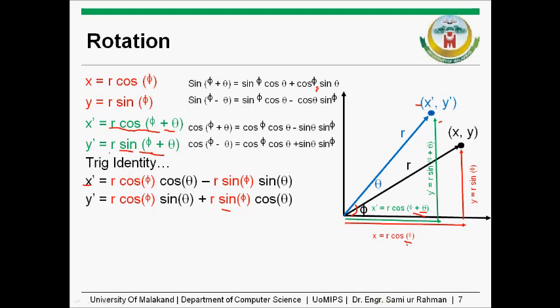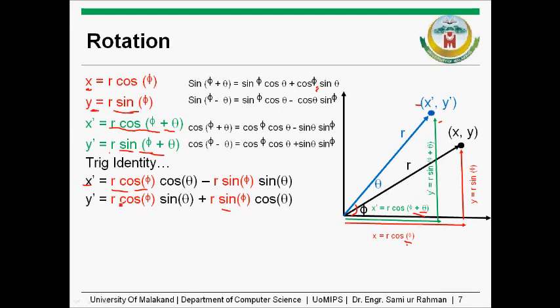Now, you might have guessed that I have colored these values. r cos phi is equal to the x component of the vector, and r sin phi is equal to the y component.